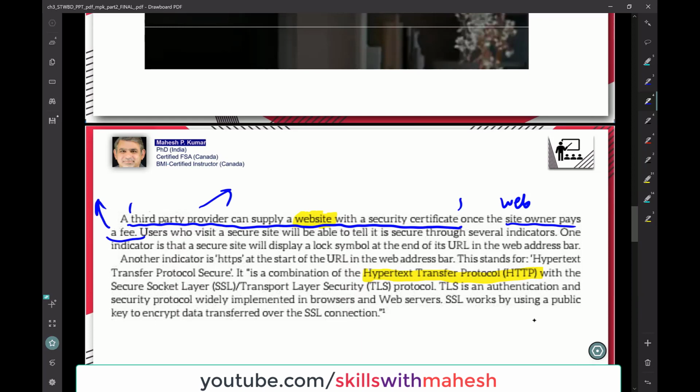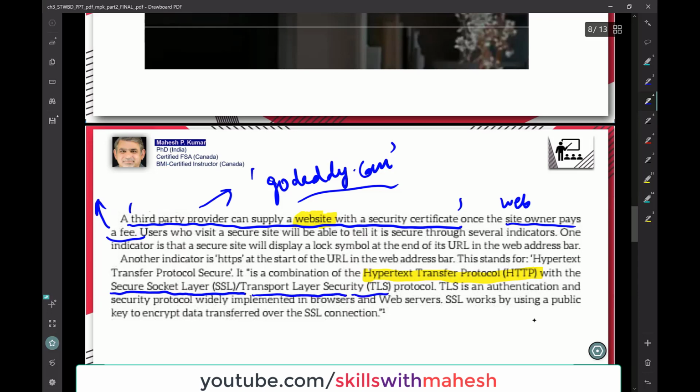One of the companies that do that is GoDaddy, GoDaddy.com. If you go to that website, they provide you those certificates, which use SSL, that is secure socket layer, and transport layer security, they provide you, right?